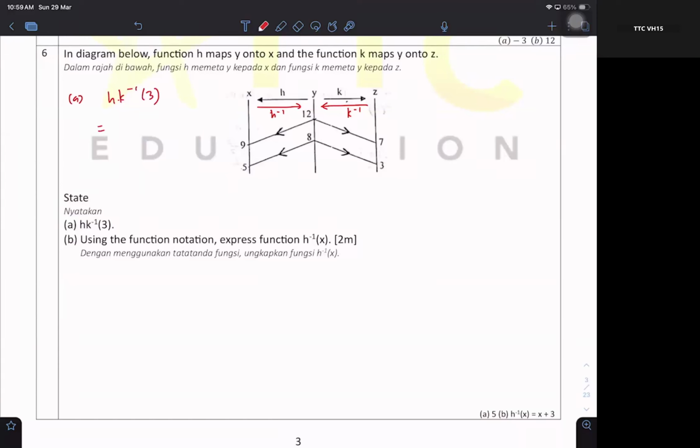So again, leave the left-hand side first. Do the right-hand side first. The left-hand side, the h, you leave it. You do the k inverse 3, meaning 3 goes through k inverse. Where is 3? 3 is here. k inverse is from the right to the middle.